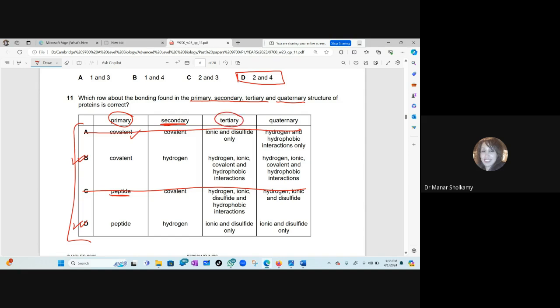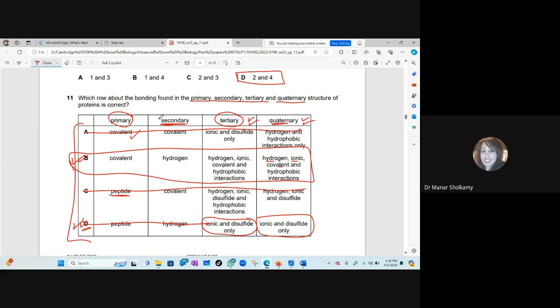Hydrogen, ionic, covalent, and hydrophobic. Quaternary, all the bonds. Hydrogen, ionic, covalent, and hydrophobic. Here, this is B. Look at D. They tell you in the tertiary and the quaternary, I have ionic and disulfide only. Is D right or wrong? Wrong. So I will now have only one option, which is B.